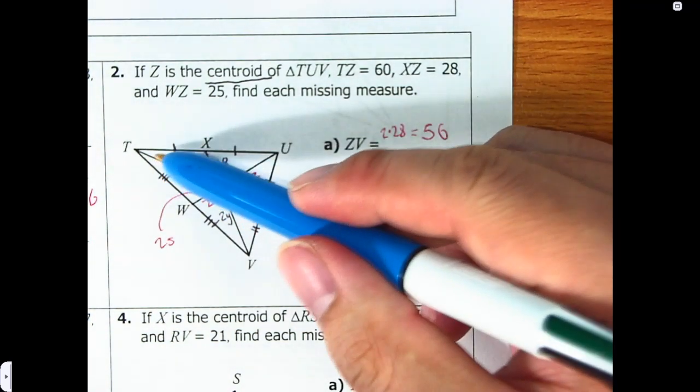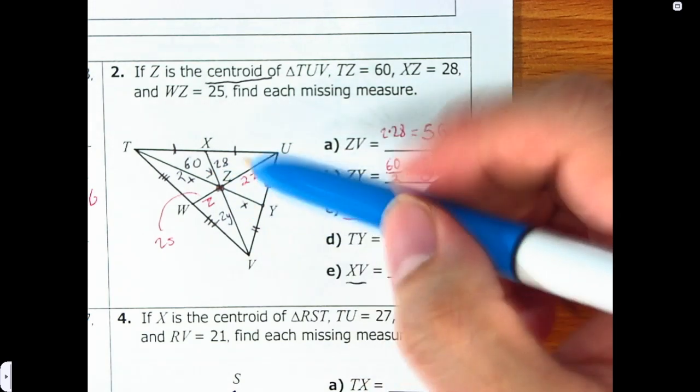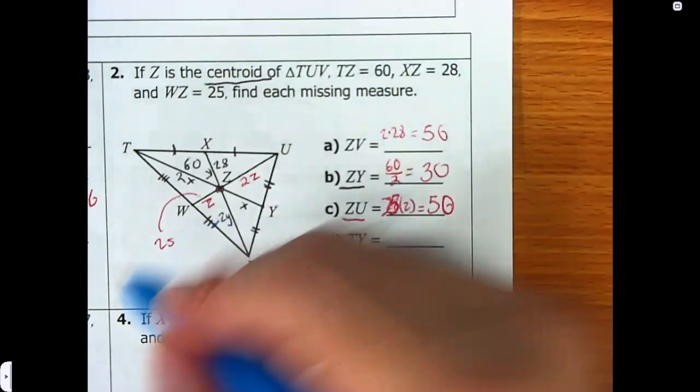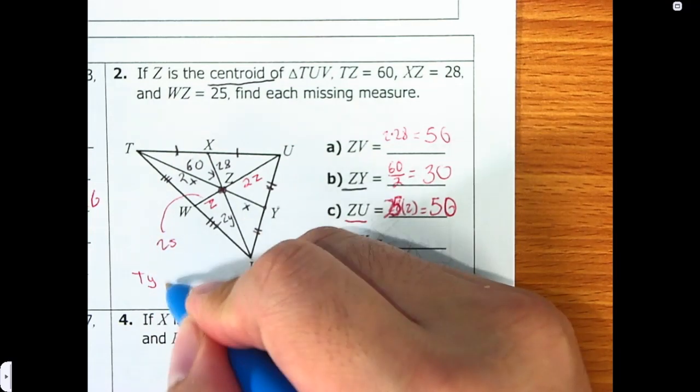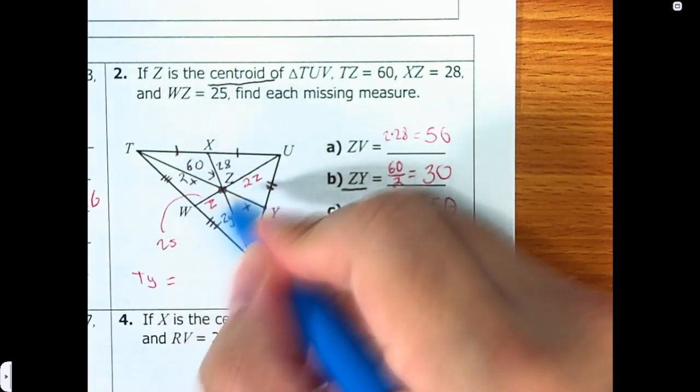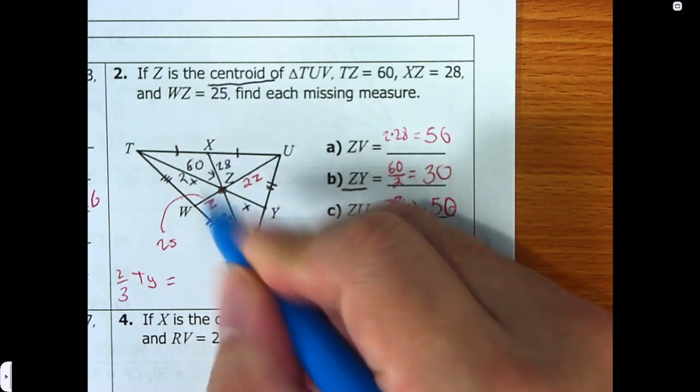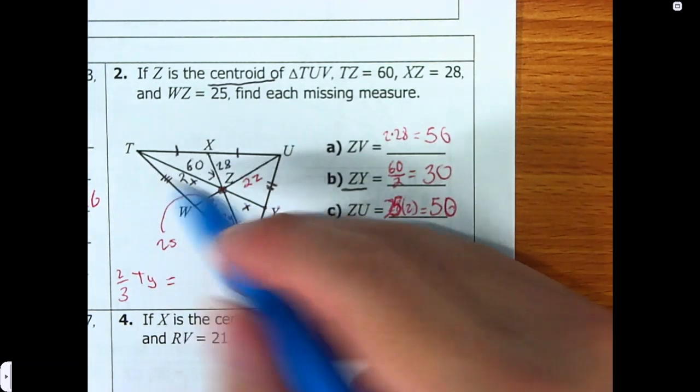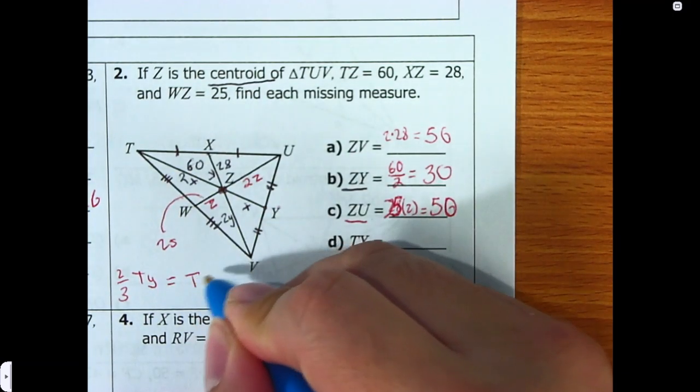TY, sorry. TY is the whole segment, so there's 2 ways you can do this. TZ is 2/3 of the whole thing, right?